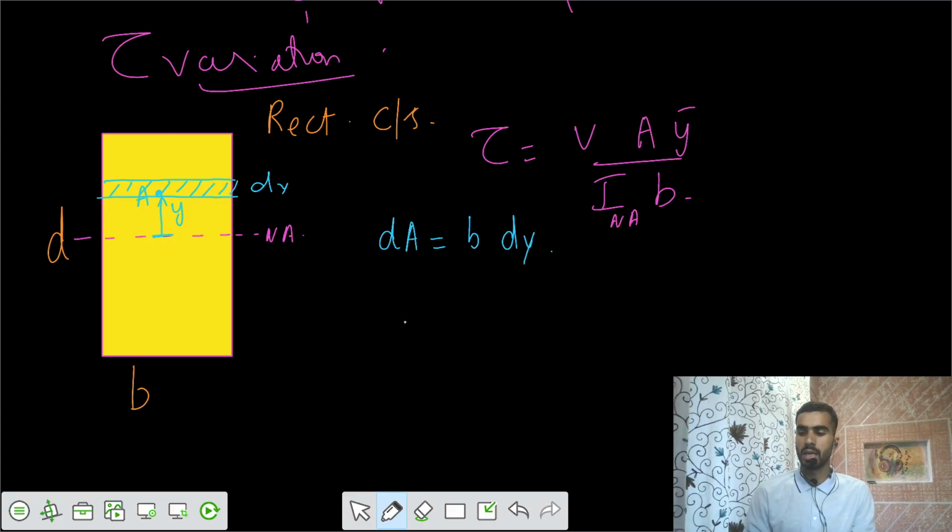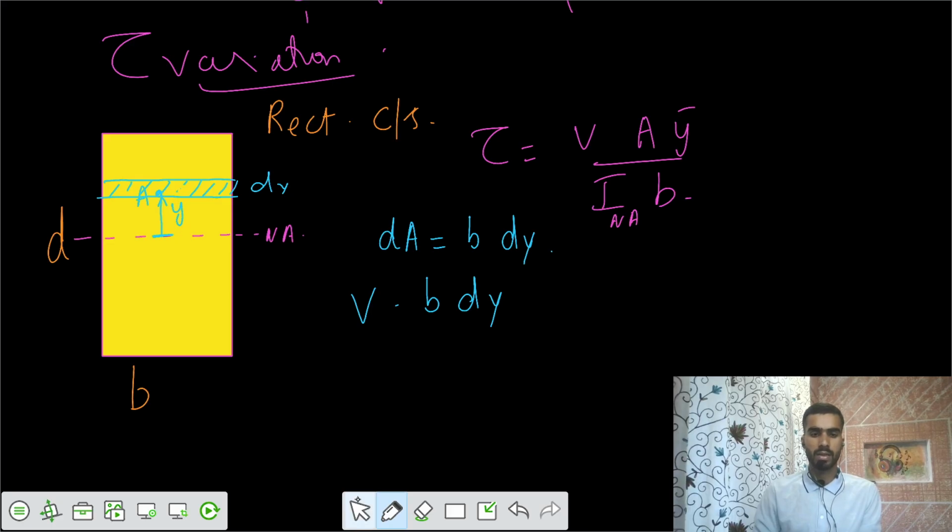Let's say that there is some shear force V and there is some small area of b into dy. Where is the centroid of that particular smaller element acting?